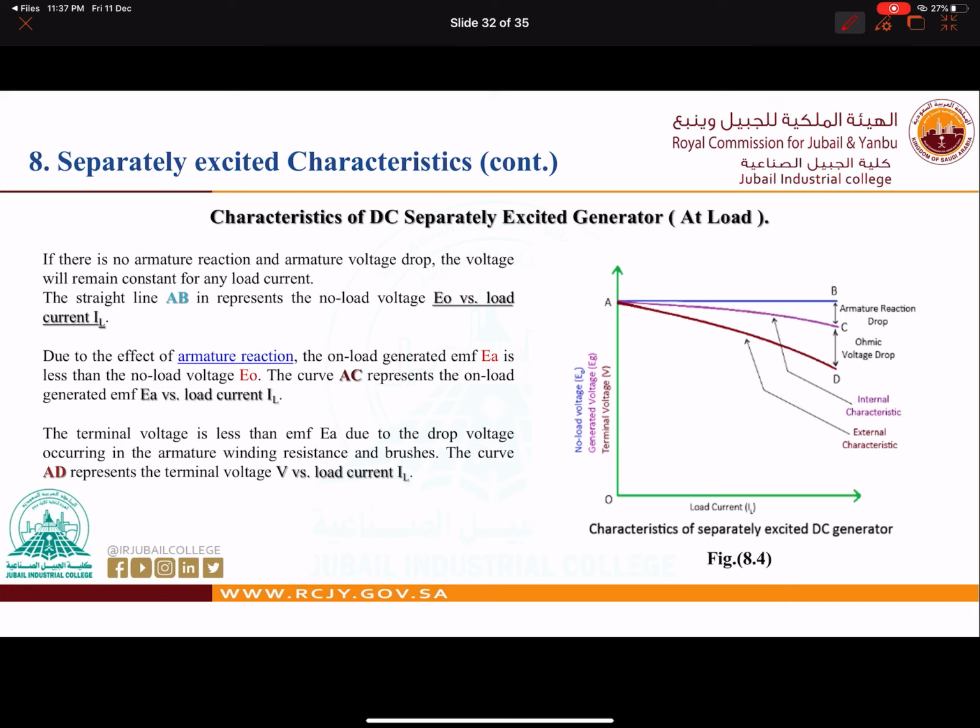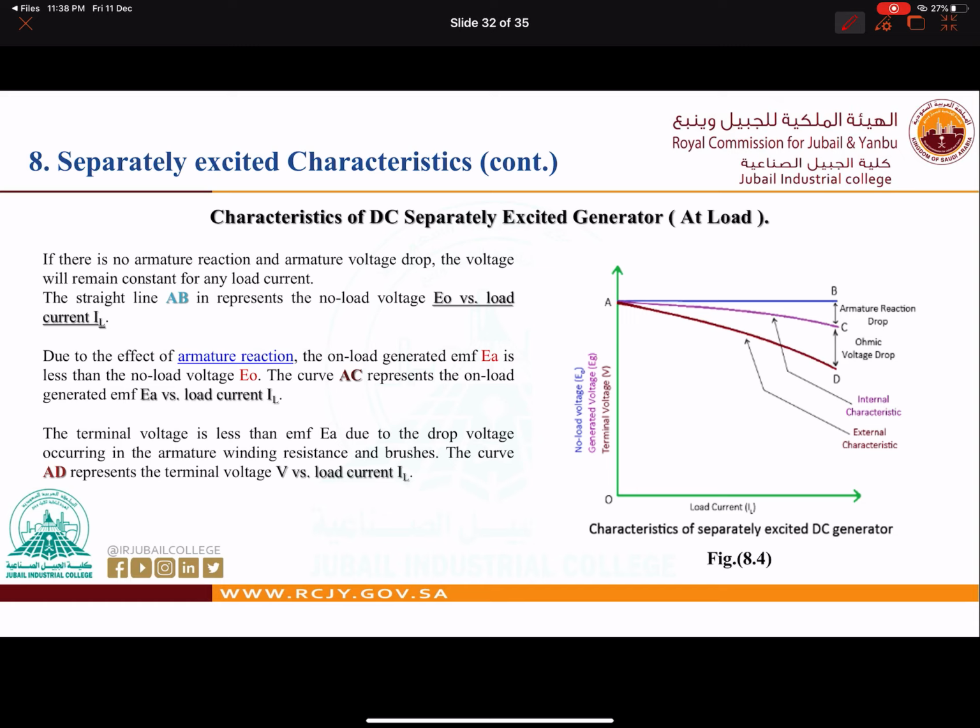Now, this is a very important characteristics graph, guys. If there is no armature reaction and no armature voltage drop, meaning your system is fine and you have no problems, the voltage will remain constant for any load current.